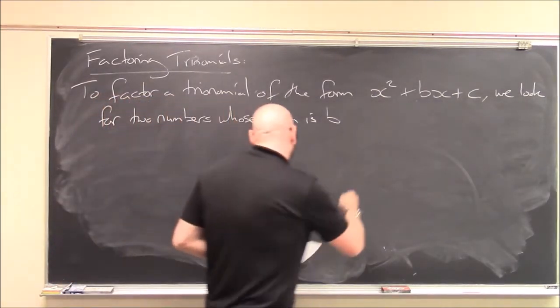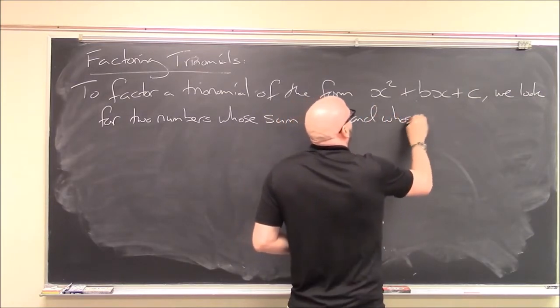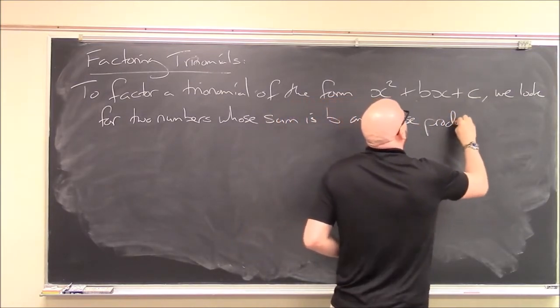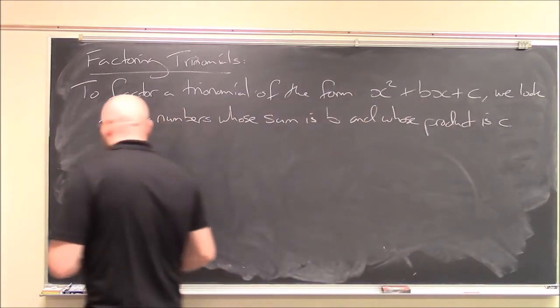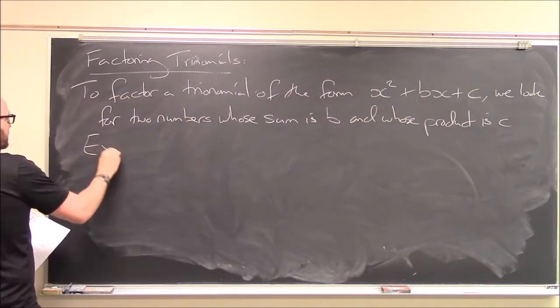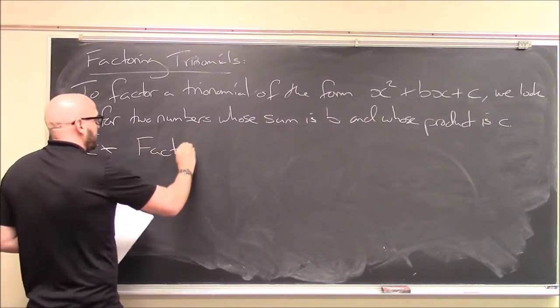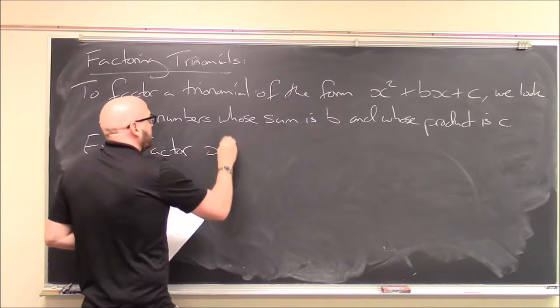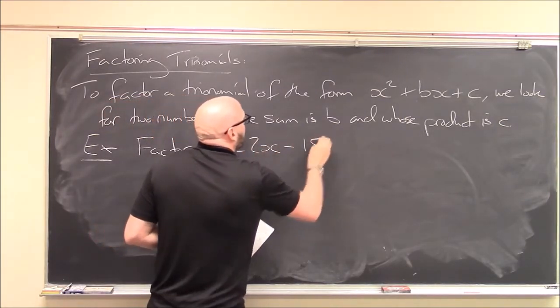So two numbers whose sum is b and whose product is c. And so, for example, let's say I want to factor x squared minus 2x minus 15.